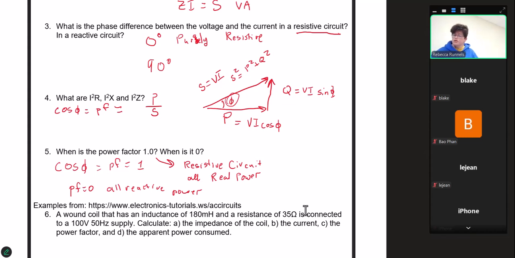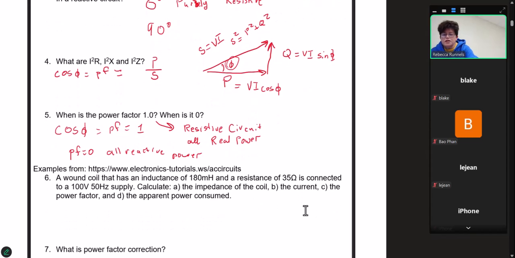So this was just to give you some basic understanding of the different kinds of power, because when I took Circuits 2, when I was studying for this test, I just had all these formulas and I was just using them and I didn't really know what I was doing, and I didn't really understand it until after I took power. So I thought I would try to explain that a little bit.